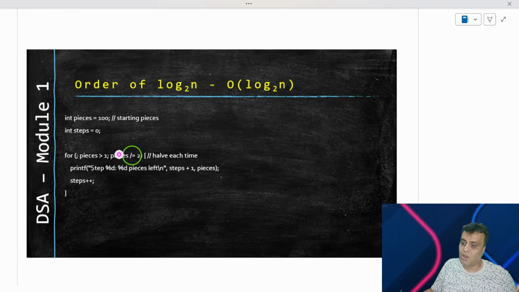If they are not a linear increment or decrement, then rest assured that you are not going to get an order of n, n square or n cube. You will be looking at complexity classes like exponential, logarithmic, root over, and classes like that. We are discussing logarithmic now, so let's try to solve this.